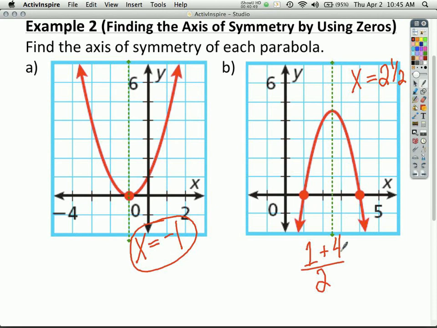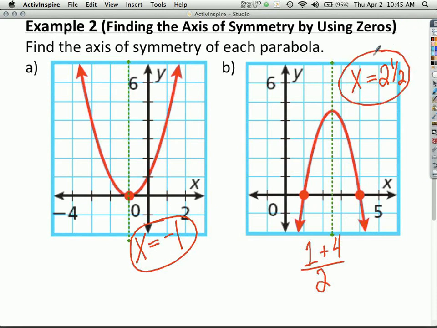And so we have the axis of symmetry, and we have the equation of the axis of symmetry. Any questions about finding an axis of symmetry? Okay.